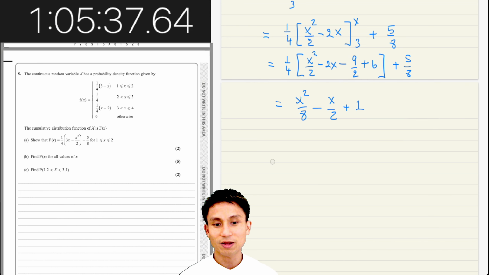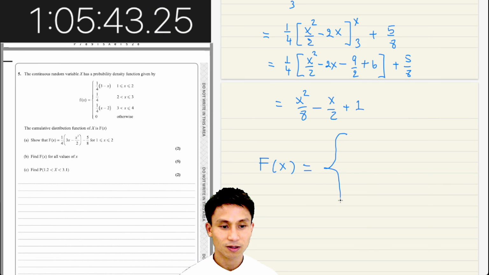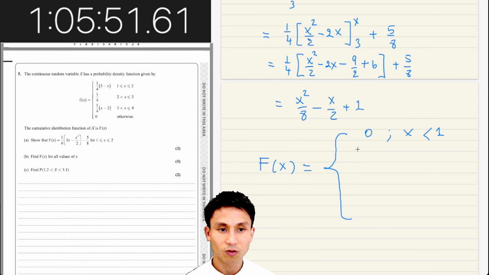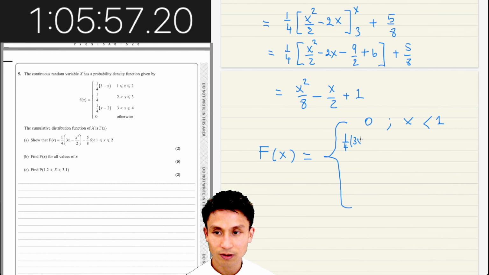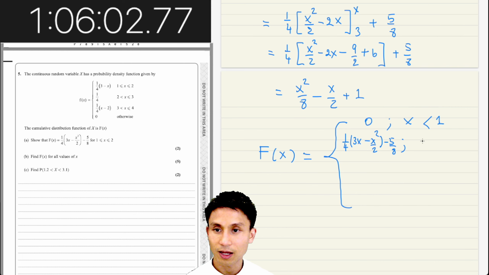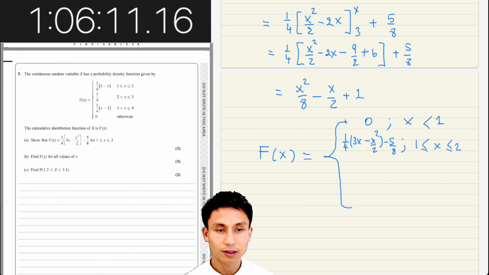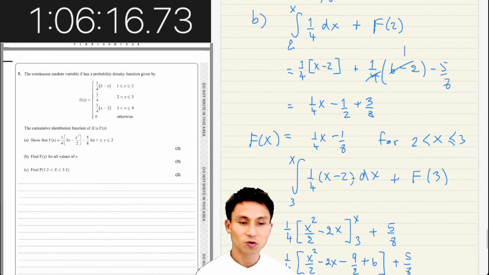That means if we write fully the f(x), okay, we should do that. So for x less than 1 here, we get 0, okay? For x from 1 to 2, that would be that function there that they just want us to prove. And you got to write the range here as well. And then the next part is this, right? So x over 4 minus 1 over 8.